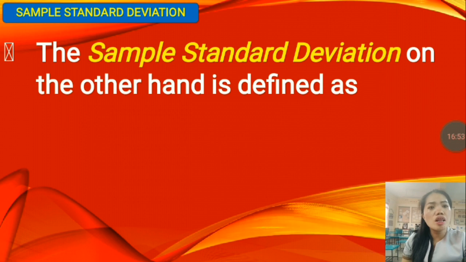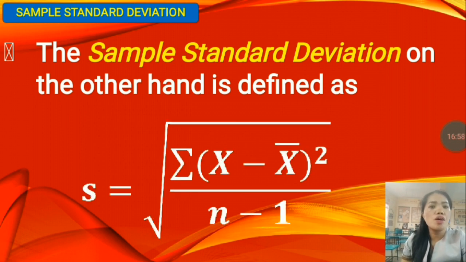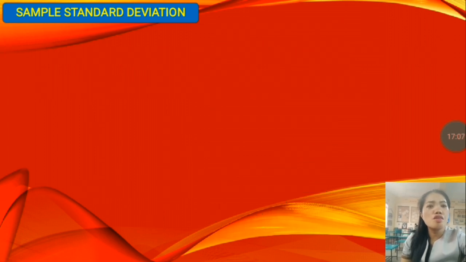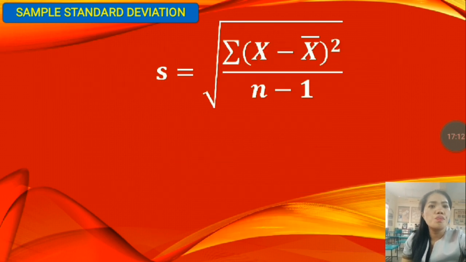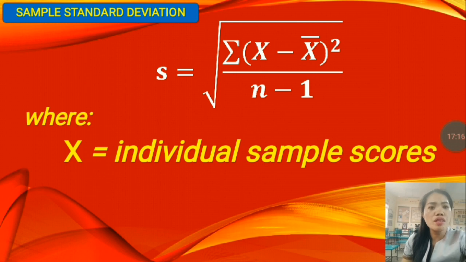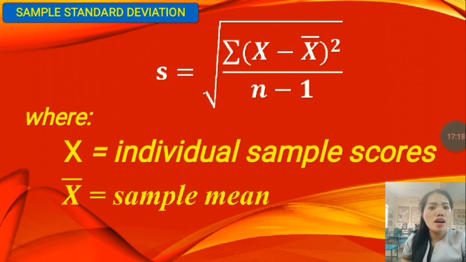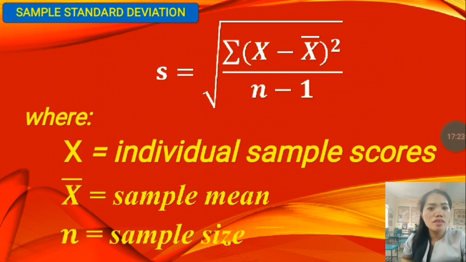Well, the sample standard deviation, on the other hand, is defined as that one. The lowercase letter s is equal to the summation of, okay, so let's have the symbol and its representation, where x is the individual sample scores, and the x with the bar on top is the sample mean, and n, the small letter n, is the sample size.